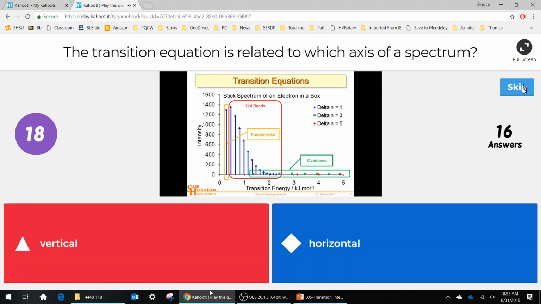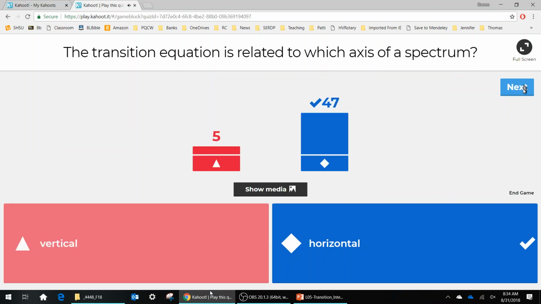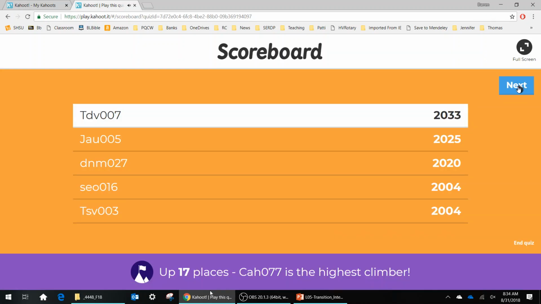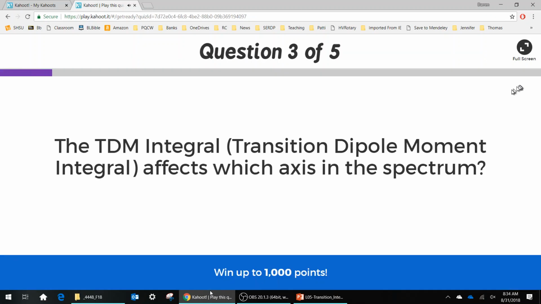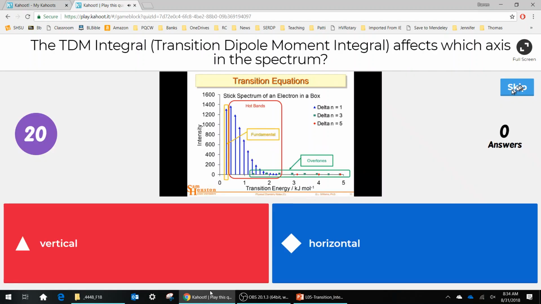The vertical axis or the horizontal axis? One more. Yay, horizontal axis. Good job. The transition dipole moment integral affects which axis of the spectrum? Vertical or horizontal?